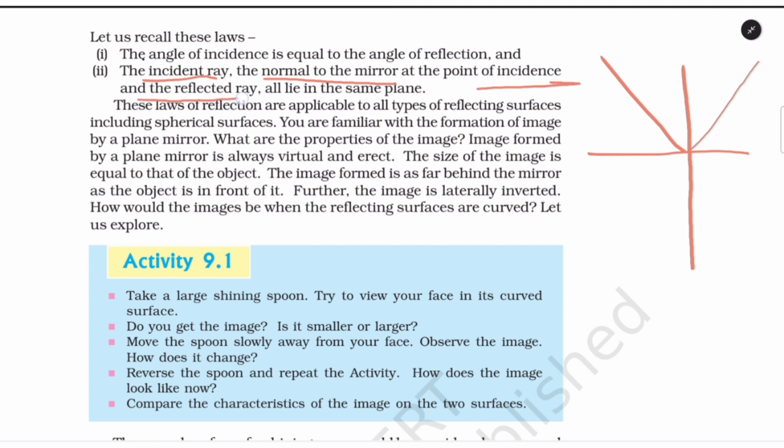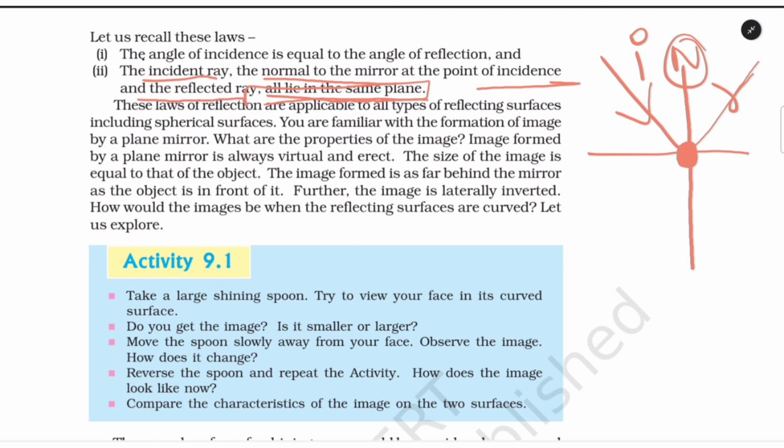The incident ray and reflected ray all lie in the same plane. See here, this is the incident ray, this is the reflected ray, this is the normal. All lie in the same plane at the same point. This is very important. This is the second law of reflection.